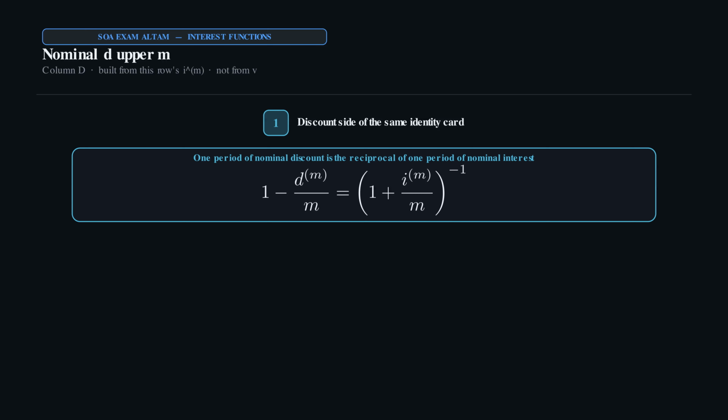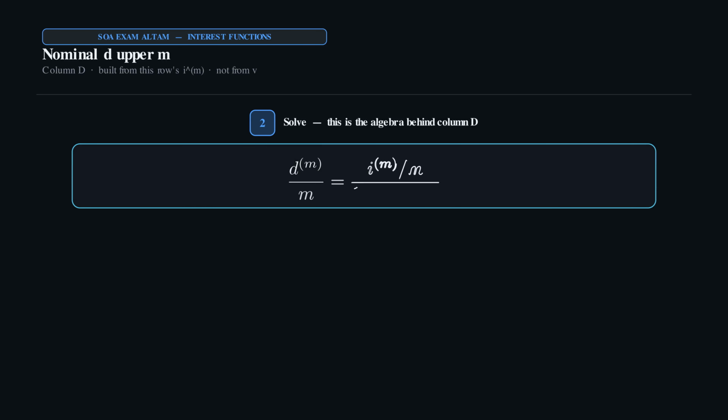Nominal D upper m is the discount rate quoted m times a year that matches the same v to the t. 1 minus d upper m over m is the reciprocal of 1 plus I upper m over m. The sheet never types v in column D. It builds d upper m from the I upper m it just computed. Clear the reciprocal.